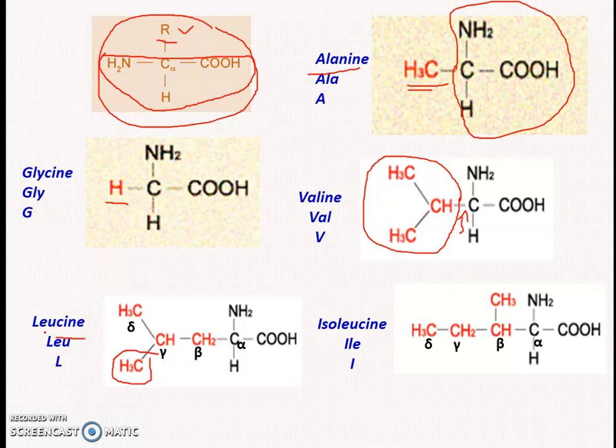When you know the structure of leucine, you can write the structure of isoleucine. The methyl group in leucine is attached to the gamma carbon, whereas in isoleucine it is attached to the beta carbon. That is why I tell you, if you learn the structure of alanine, it is very easy to learn valine. If you learn valine, you can write leucine and also isoleucine.